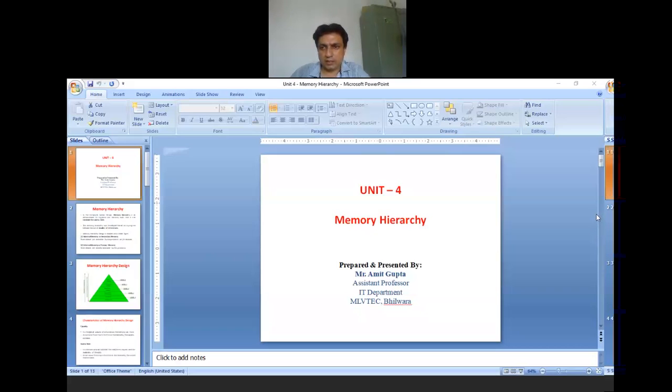So let's start Unit 4. Unit 4 is basically memory organization, and it deals with the memory hierarchy. Memory hierarchy is the basis of memory organization.